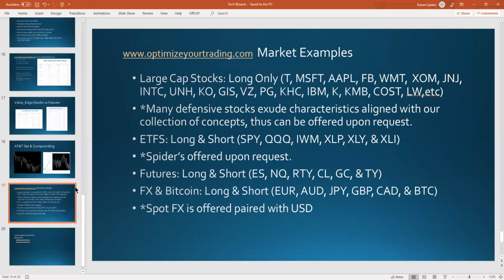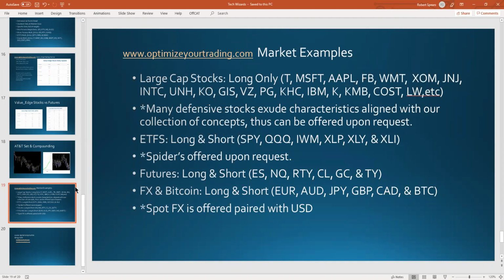So here's some market examples, again, of what we're looking to accomplish. As you can see, with large caps, we tend to focus on a certain type of large cap, again, because of our proprietary GT concept.